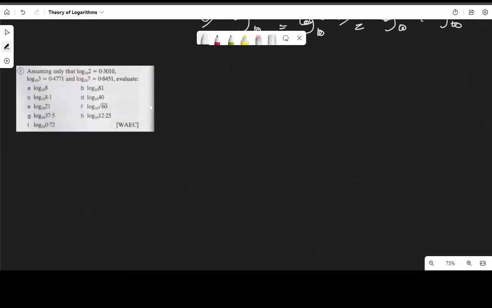Question I, and this one I just saw. This time around, I have log 0.72 to base 10.